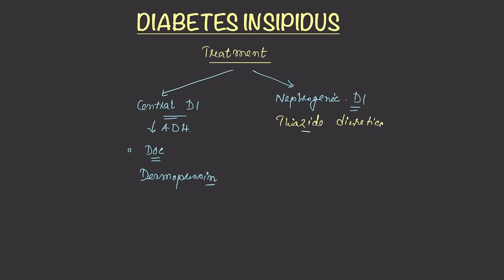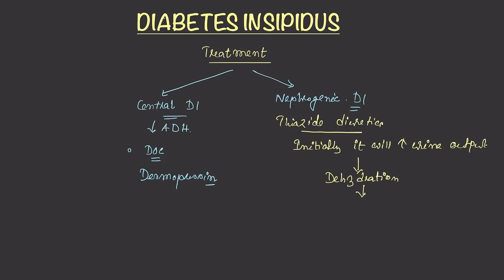Now how do these thiazide diuretics act? Basically, initially, as it is a diuretic, it will increase the urine output. So along with the diabetes insipidus, it will increase the urine output and cause dehydration. With this dehydration, the body will try to increase the water reabsorption from the proximal tubule.